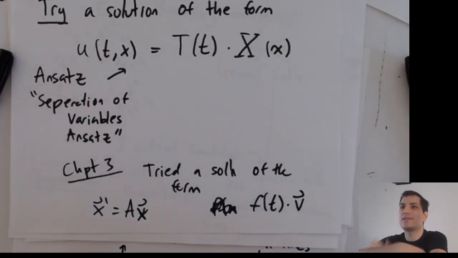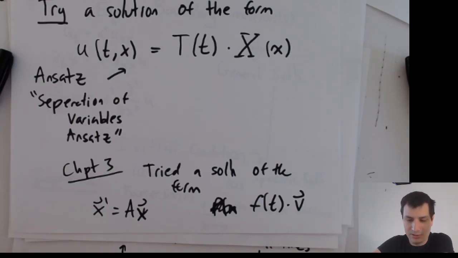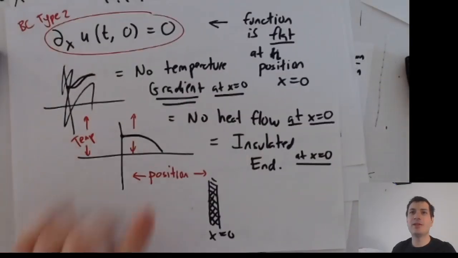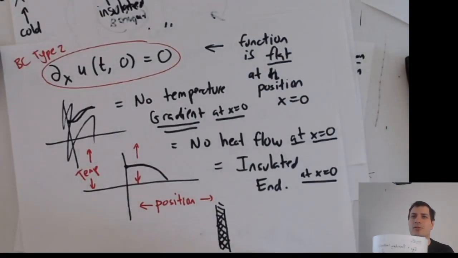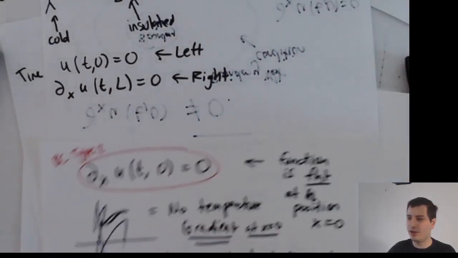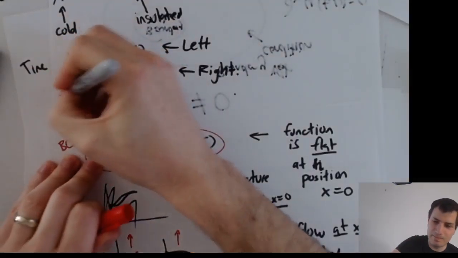Someone wrote, why is the slope at the left of your graph 0, but not on Desmos? Oh, you mean over here? Yeah, okay, here. So this is the Desmos problem.